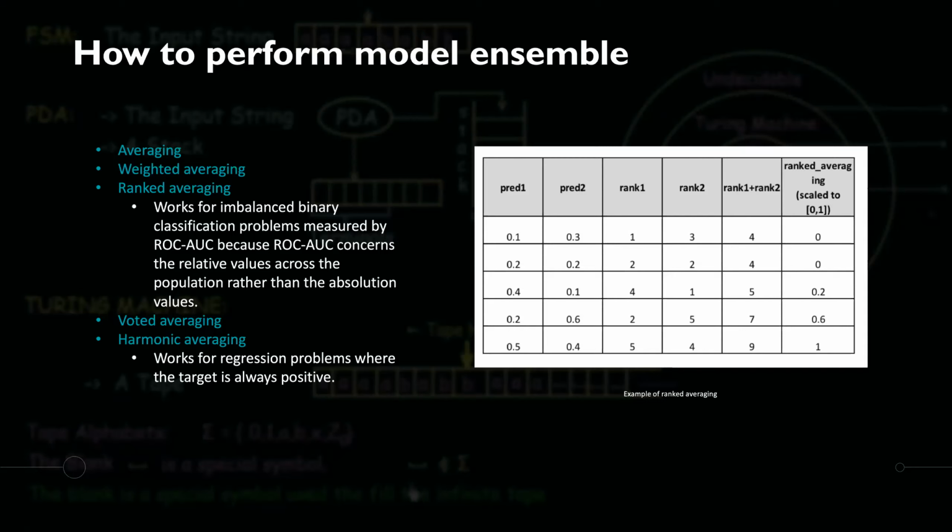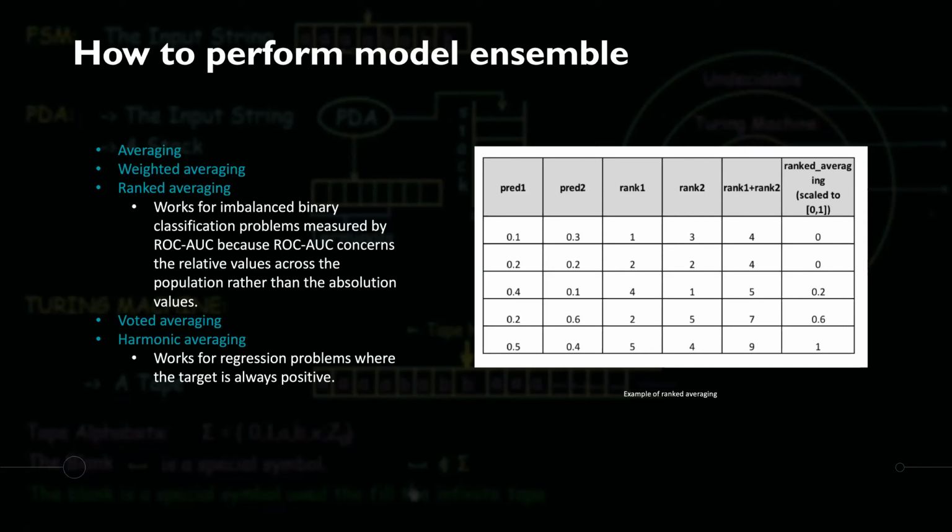Once we prepare the multiple independent or less correlated models, the next thing we need to think about is how we can leverage the predictions from those less correlated models. This is what we are talking about for this slide.